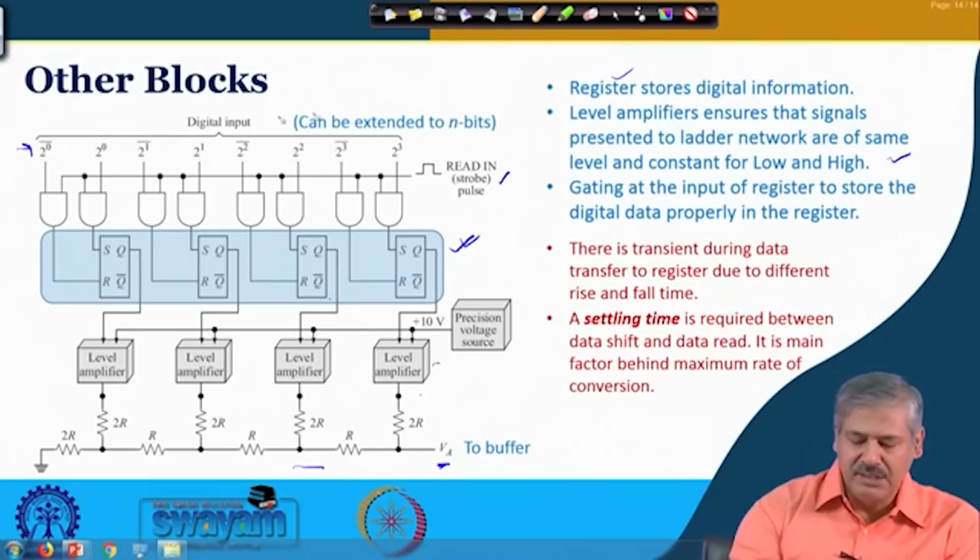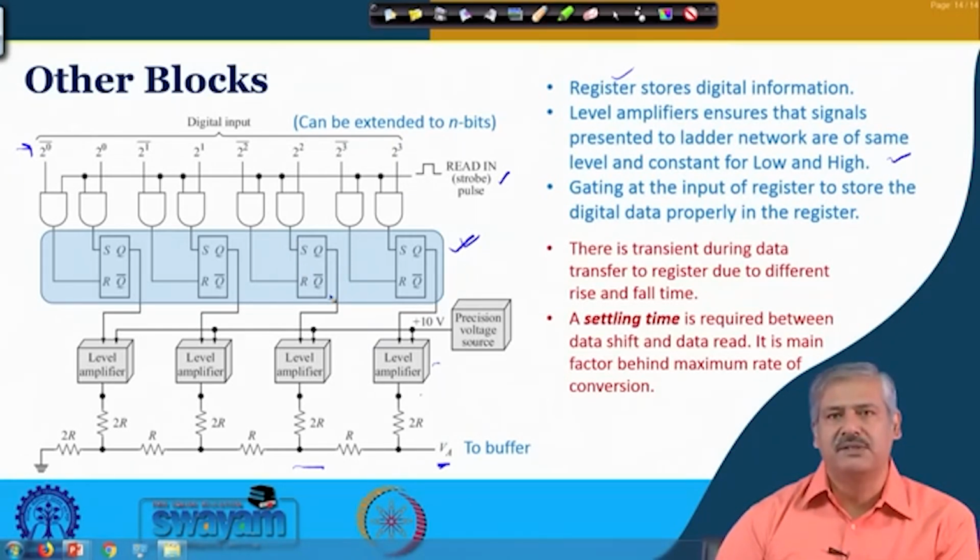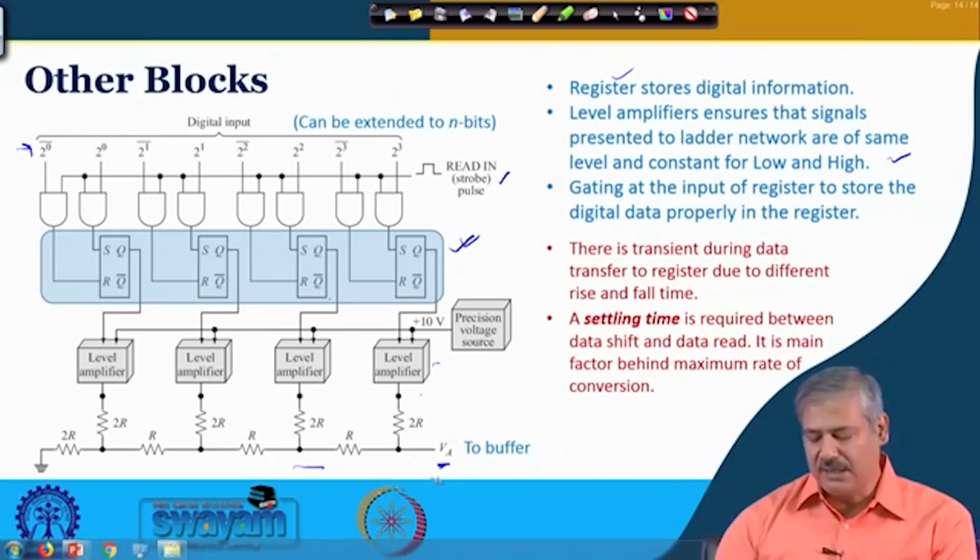Only when the digital input is established, then a read in strobe pulse will come, and that input will be shifted to the register, and following that it will be held till the next read in strobe comes, and then it will be getting converted.